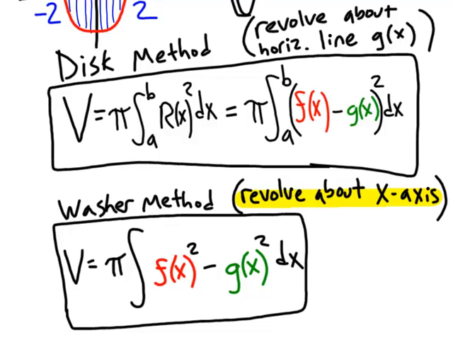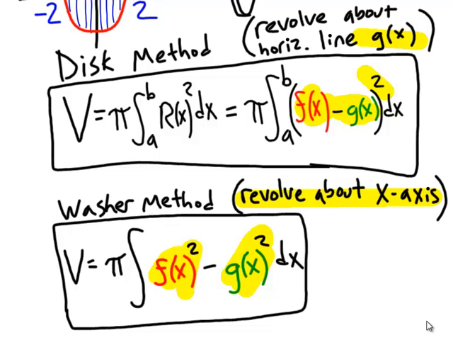That's when we have f of x squared minus g of x squared, versus this disk method, which we're about to implement here in this example. That's where you have f of x minus g of x, and then the quantity is squared. Big difference. That is for when we are revolving disks about a horizontal line that just happens to be given by the equation g of x.